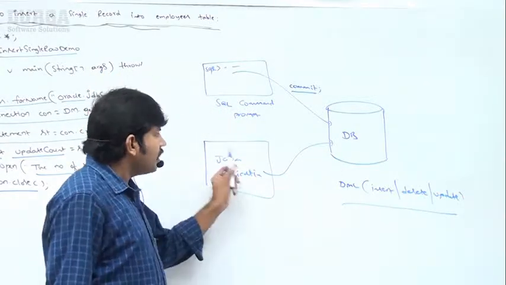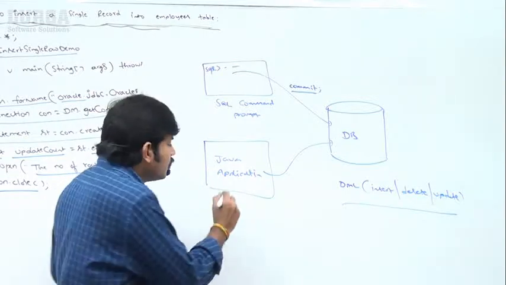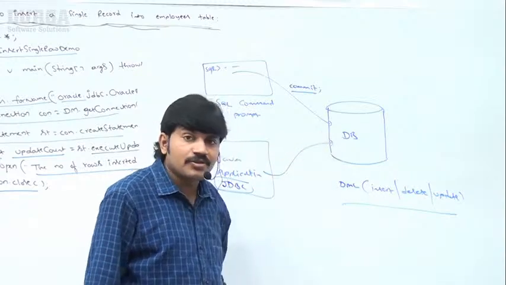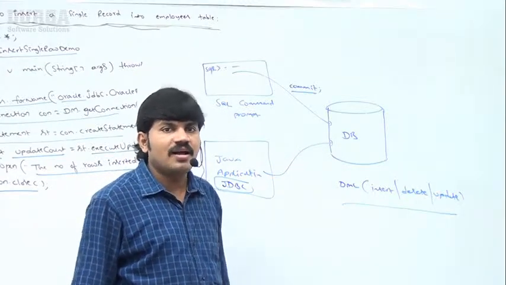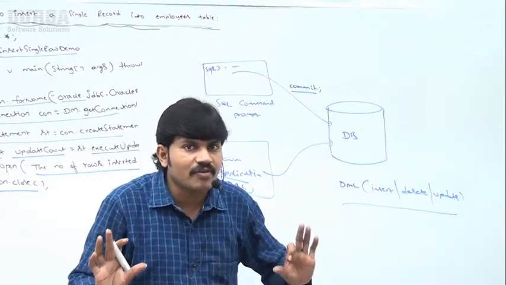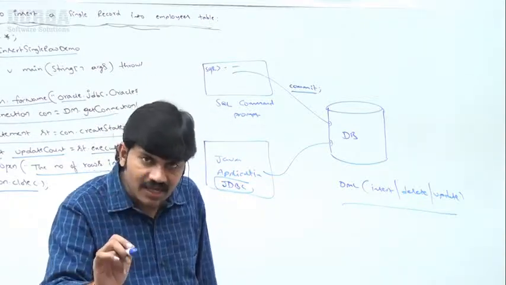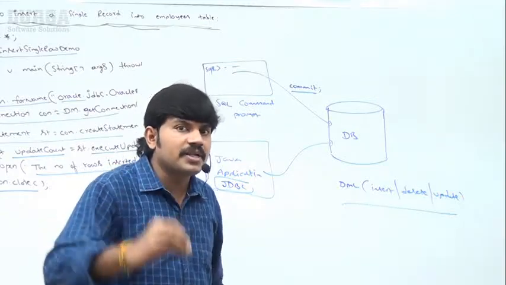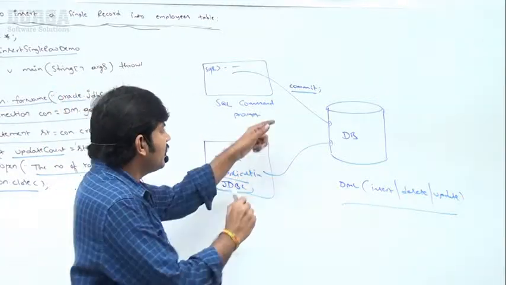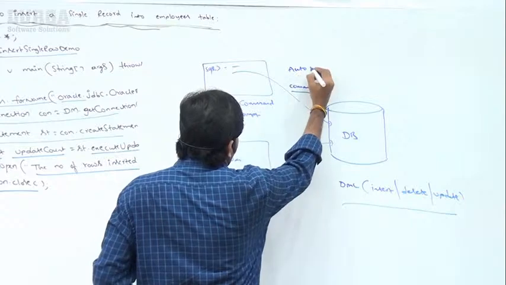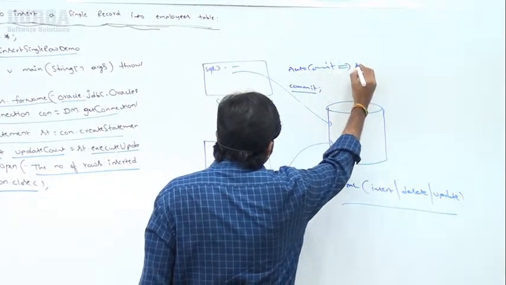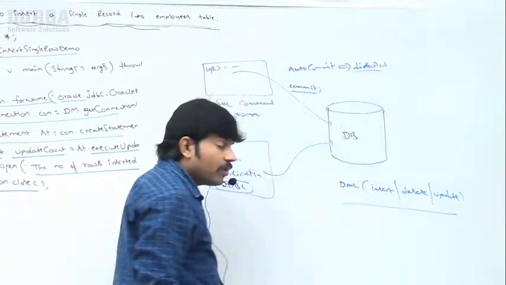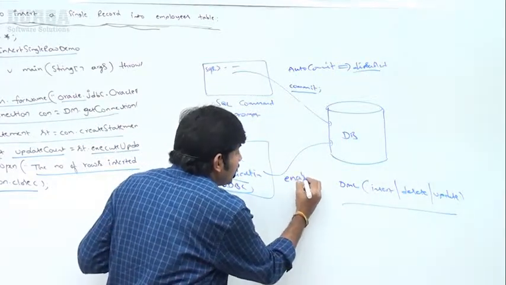But from a Java application, by using JDBC, if you perform any updations to the database, these changes are permanent. We are not required to use the commit operation, right? Because in a JDBC connection, auto commit is always true. Here, is auto commit true or false? In the SQL command prompt, auto commit is disabled, but here auto commit is enabled.